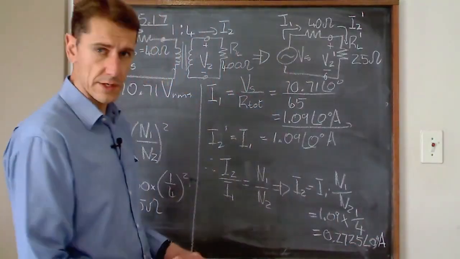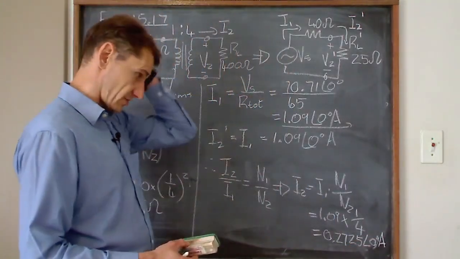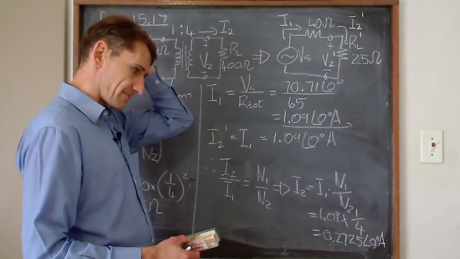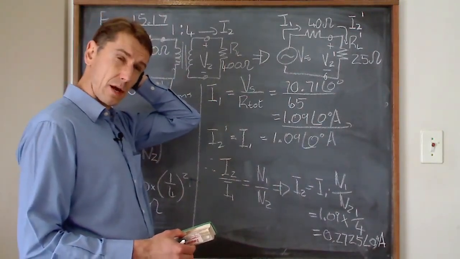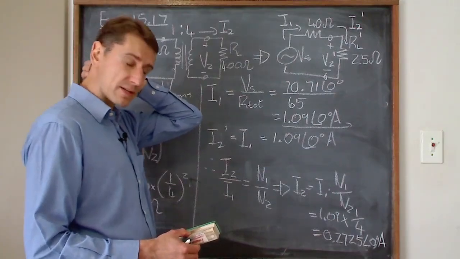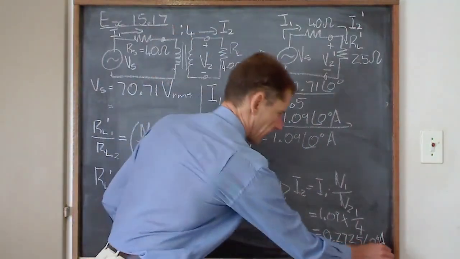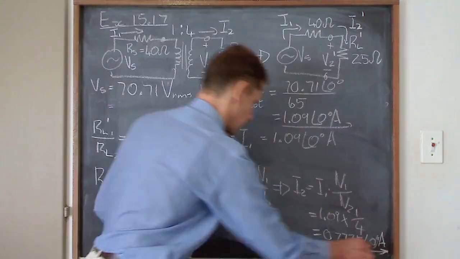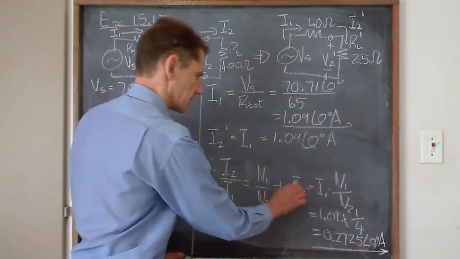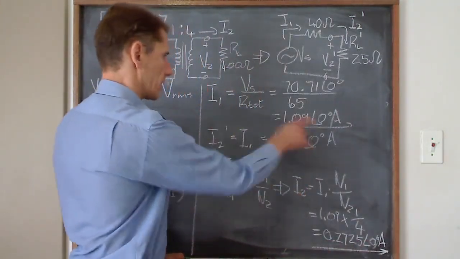I'm keeping the 0 degrees there because they started it. The example is nicer, because it has complex numbers in it, and I want you to go and look at it. So that gives me I2. I2 is sorted, I1 is sorted.